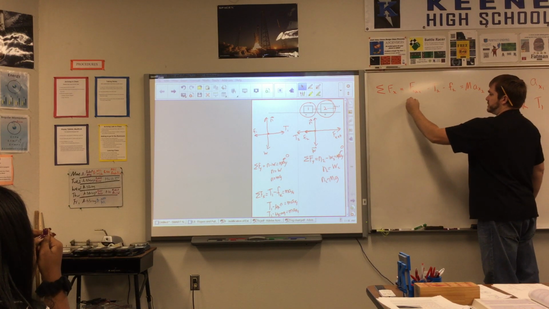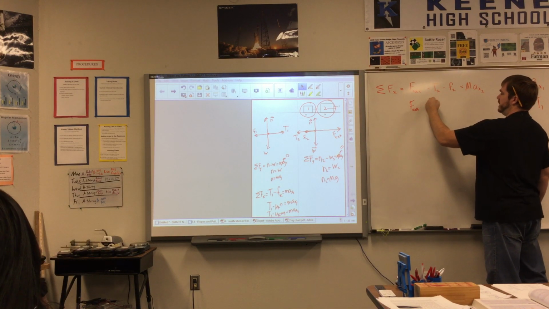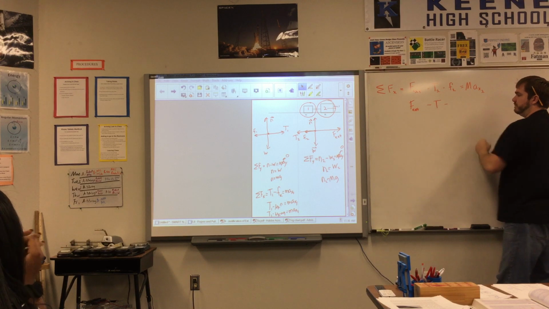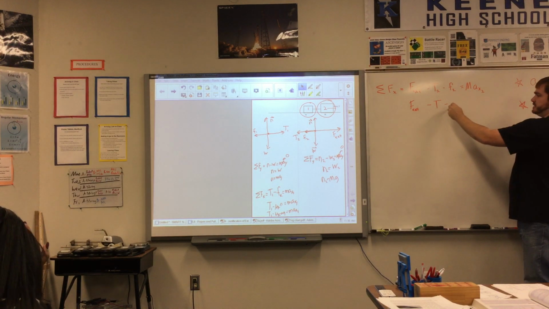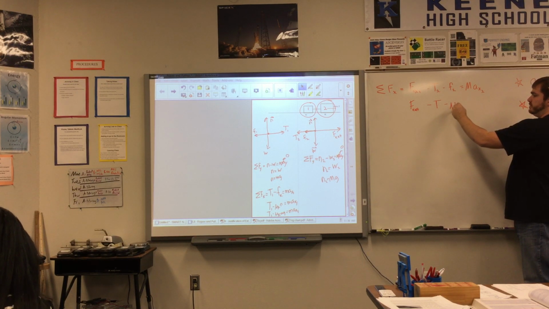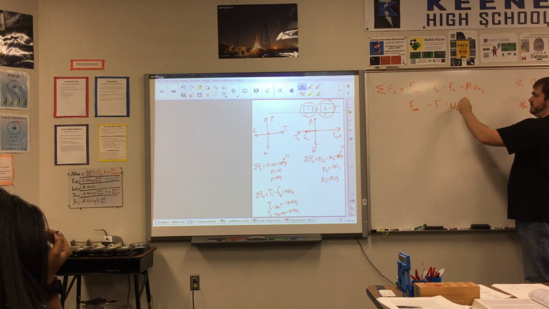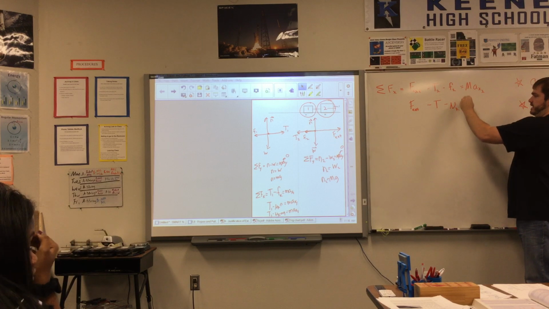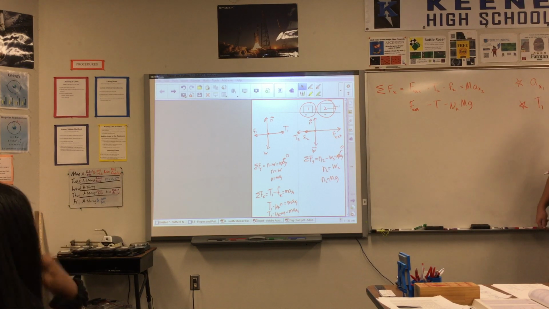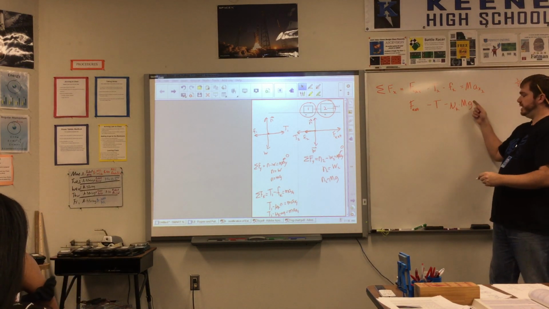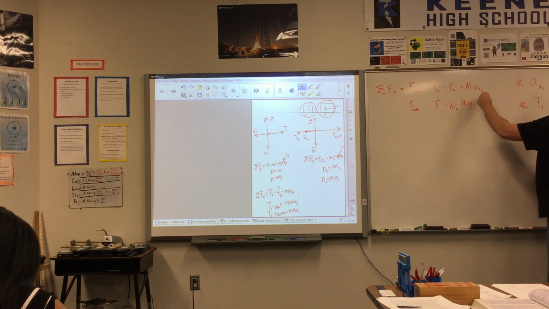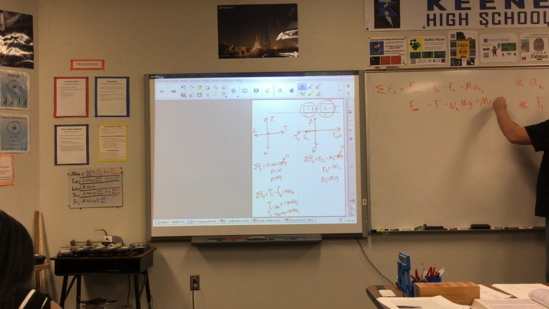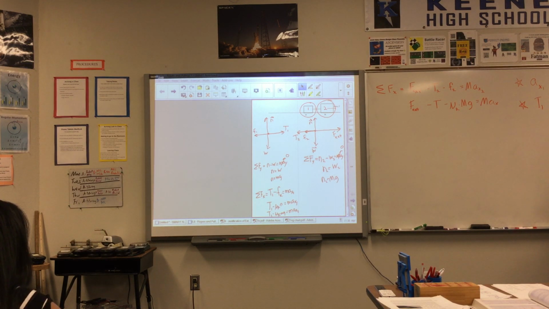So I'll say force external minus tension minus friction force 2. Are you okay if we just write mu times big M g? Because we determined that it's mu N and the normal force is big Mg. So equals mass times acceleration in the x direction.